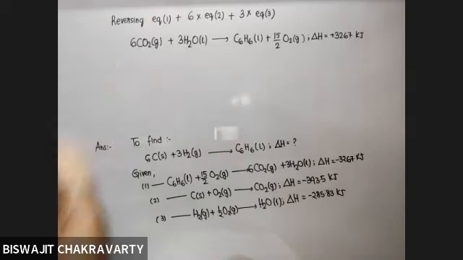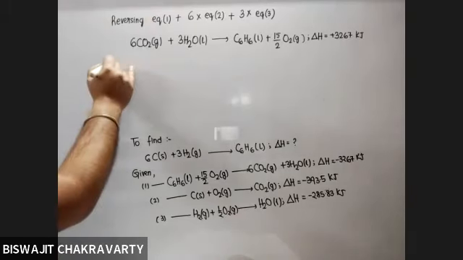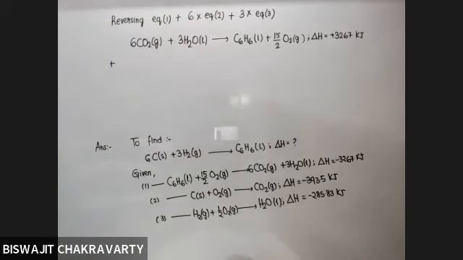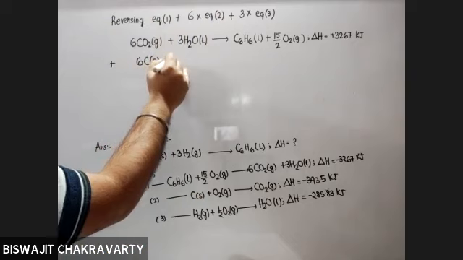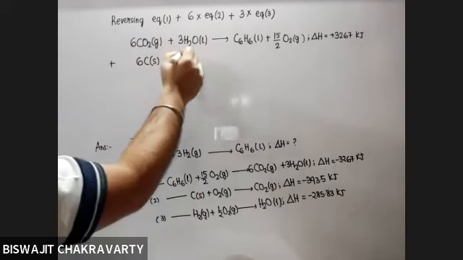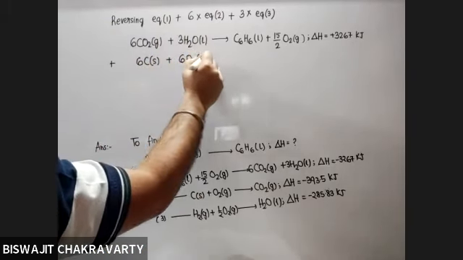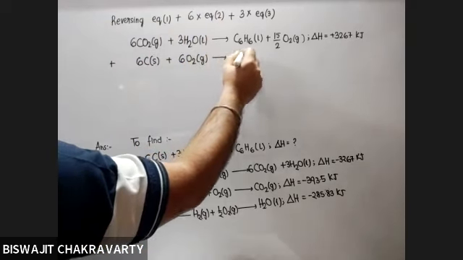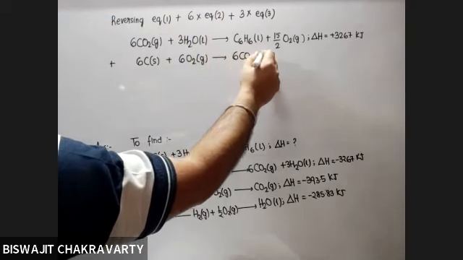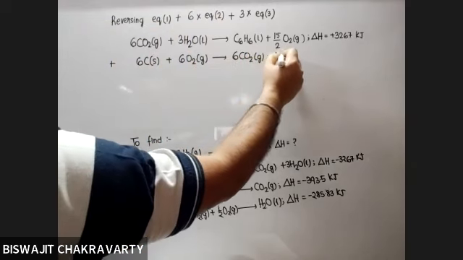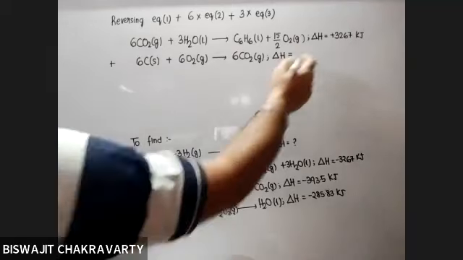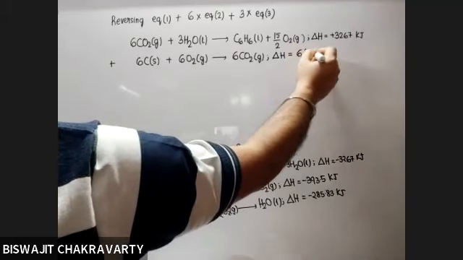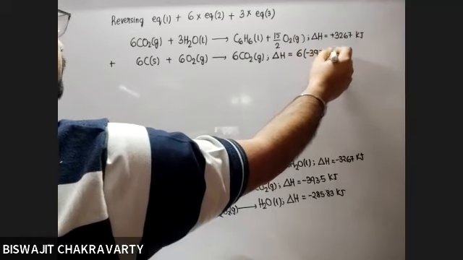So this is reverse of equation 1 plus 6 into equation 2. The second equation is to be multiplied all through with 6. So last class we discussed that if you multiply any number with the whole equation, you have to multiply the same number with the delta H value as well, isn't it? Yes, sir.